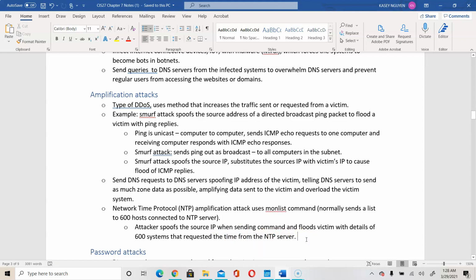So if the attacker spoofed the source IP and sends the command, that can cause a flood, because now the server has to respond to 600 or many types of systems. Okay.